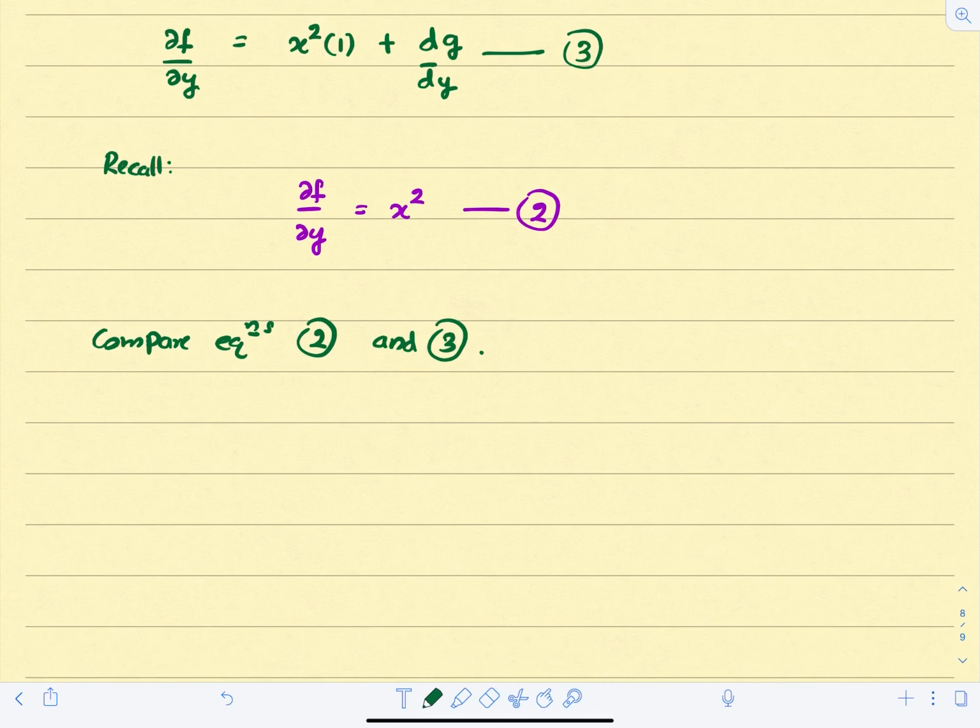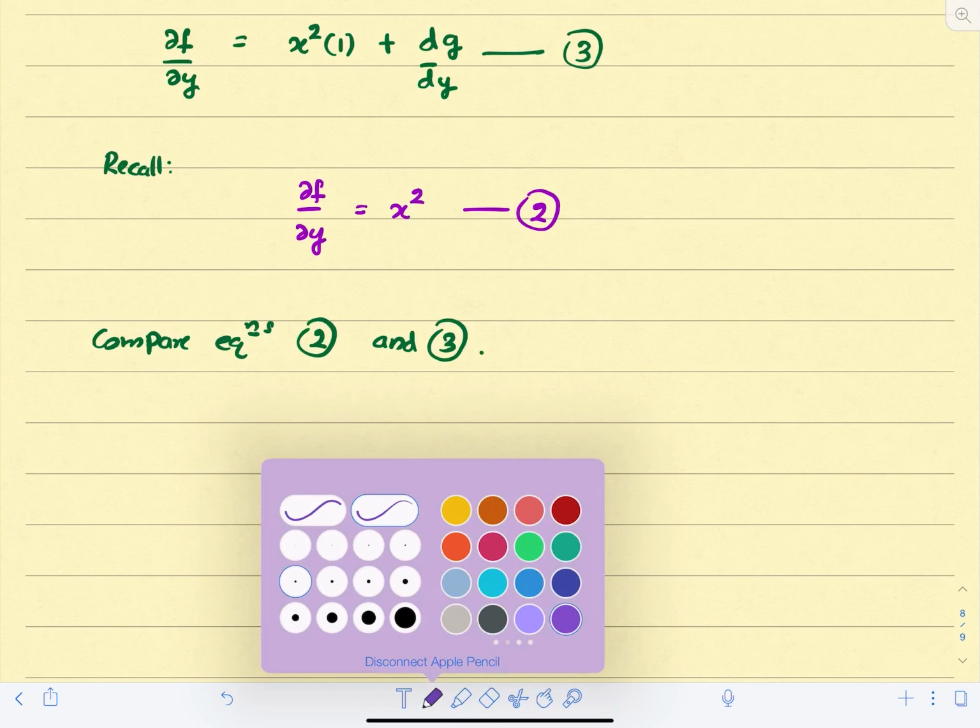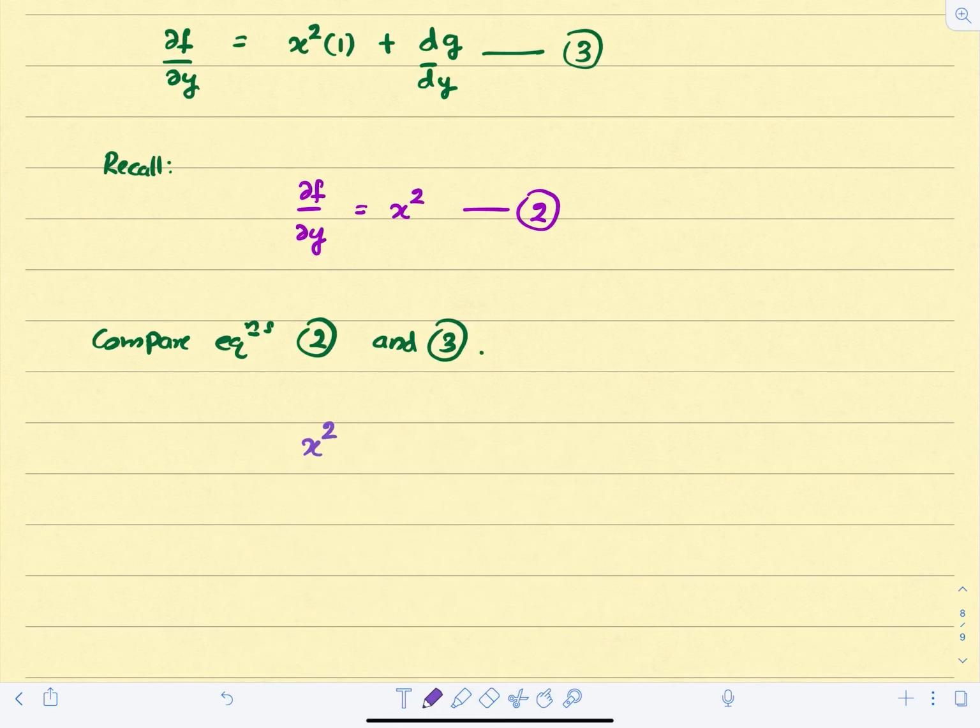Equation 2 says partial f over partial y should be x squared, but the equation that we found for partial f over partial y is x squared plus dg over dy.